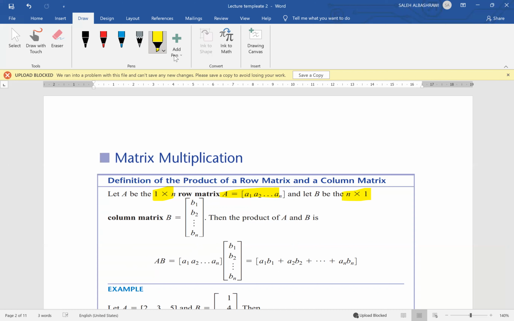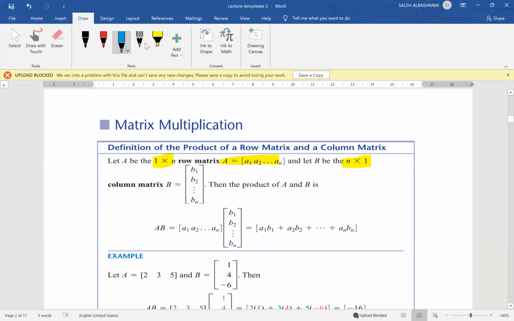So I have two matrices, a row matrix and a column matrix. And the size of A, write it down, A is 1 by n. B is n by 1.